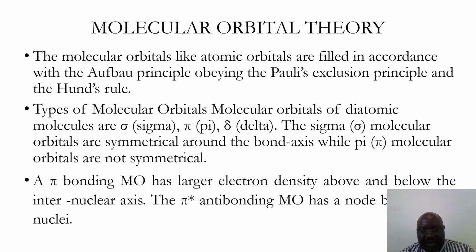The sigma molecular orbitals are symmetrical around the bond axis, while the pi molecular orbitals are non-symmetrical. The pi molecular orbital has larger electron density above and below the internuclear axis. The pi antibonding molecular orbital has a node between the two nuclei.